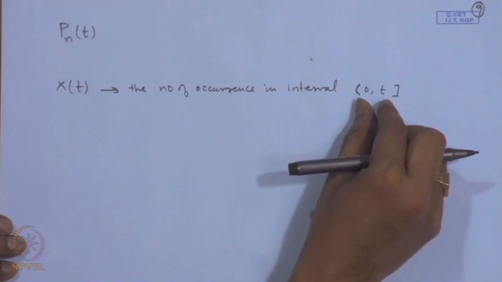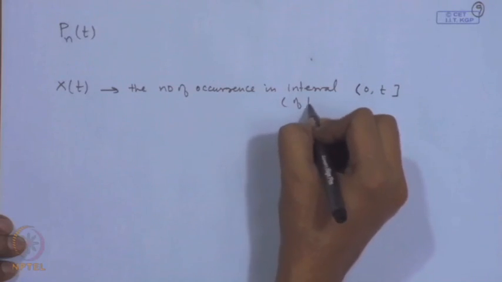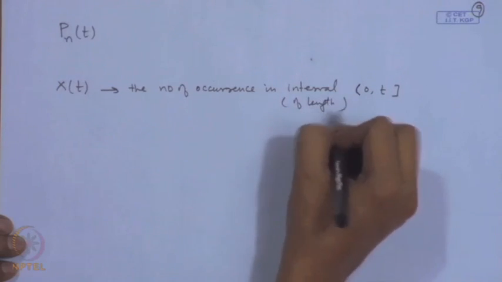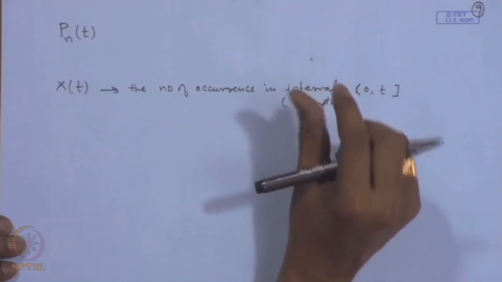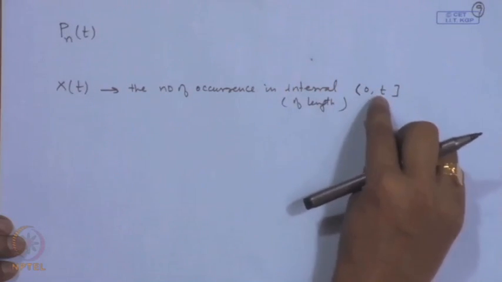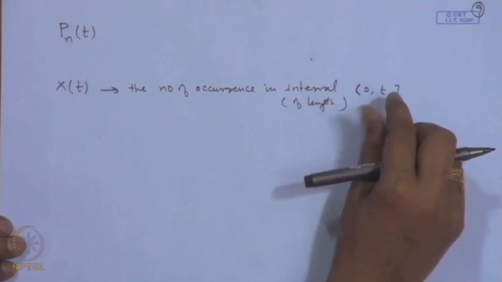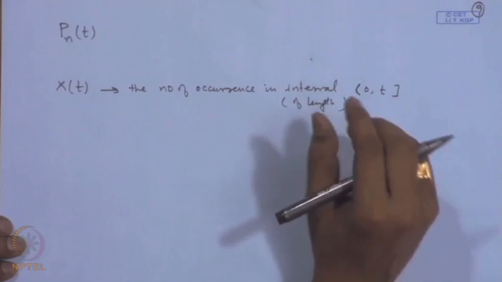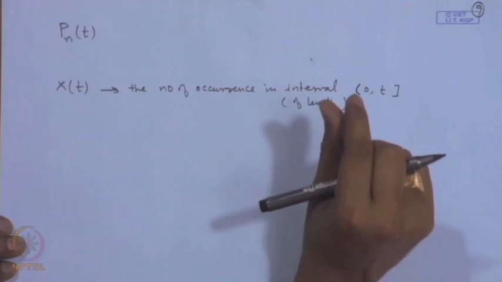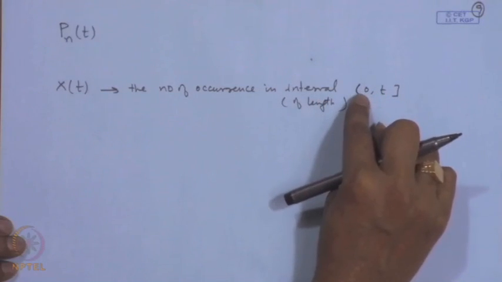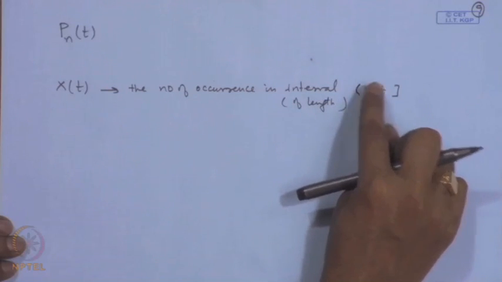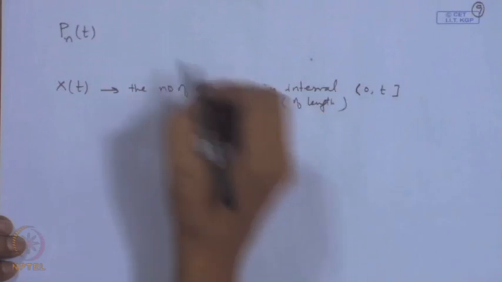So, this means an interval of length t. If we are making the assumption of stationarity, that is the independent intervals, then 0 to t is the same as a to a plus t, or from any point if I am starting and considering the length t, then it is the same. So, we can consider, without loss of generality, 0 to t.